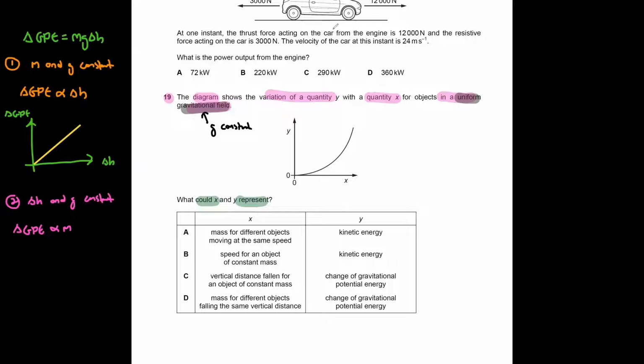So here, if you want to plot a graph of, say, change in GPE versus mass, again, it will be a straight line graph that passes through origin.